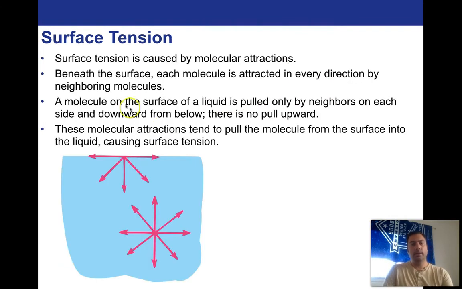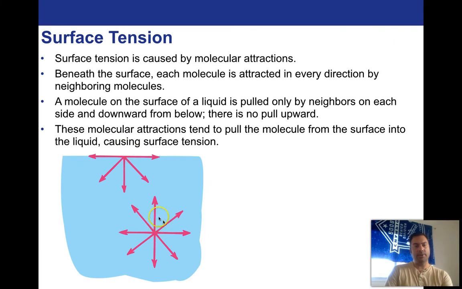All right. The reason why it occurs is because of this phenomenon here. Remember, water is a polar molecule. It tends to have attractions in every single direction through molecular attractions called hydrogen bonds. But when it's up here at the surface, if we compare these two, notice that these three arrows that exist down below are not present up on top.